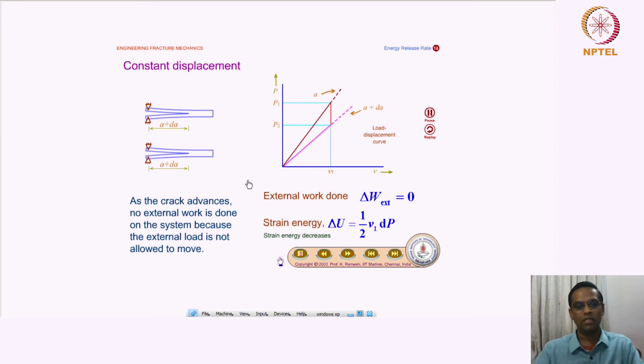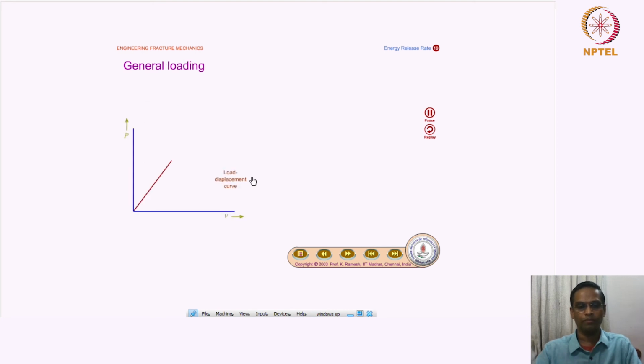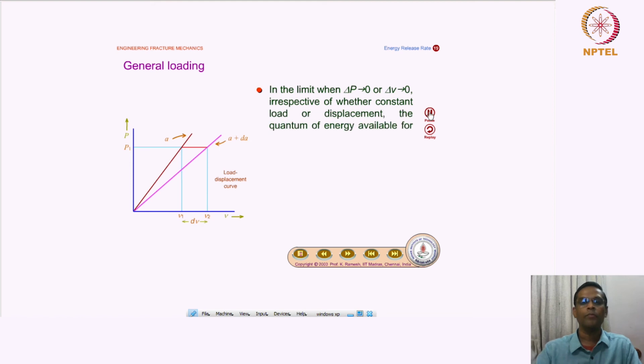So what are we going to say now? For a general loading, that means both constant load and constant displacement, you can write it like this. In the limit when delta P tends to 0, or delta V becomes 0, this will become 0.